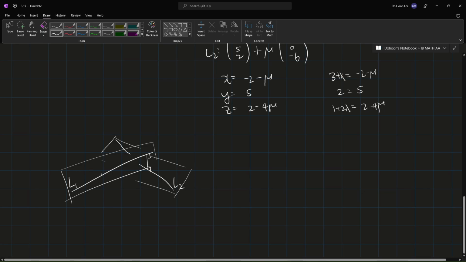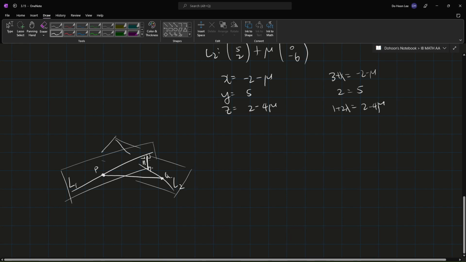First, if we have a point P here and a point Q here, what we can do is try to find the vector PQ, and then we're going to project this vector onto the normal vector here. We're going to call that n.